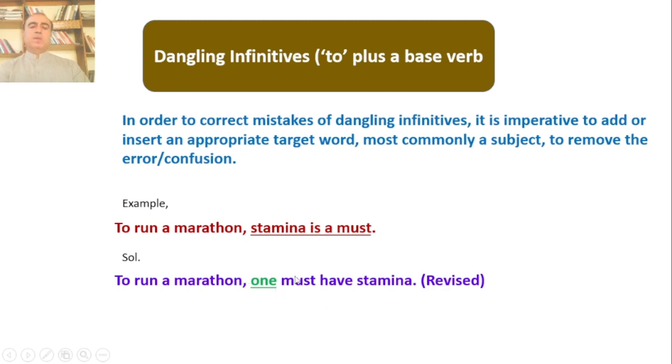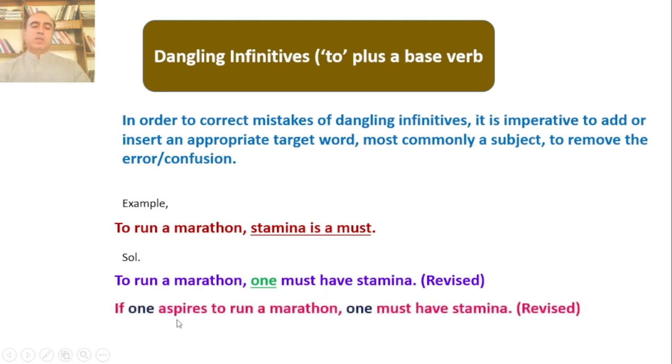Yes, now it becomes clear. Stamina is a must isn't clear. So, one must have stamina. This is an elegant and appropriate statement. Or: If one aspires to run a marathon, one must have stamina. Yet more explained. So in this way, by adding the missing part, we convey better meaning.